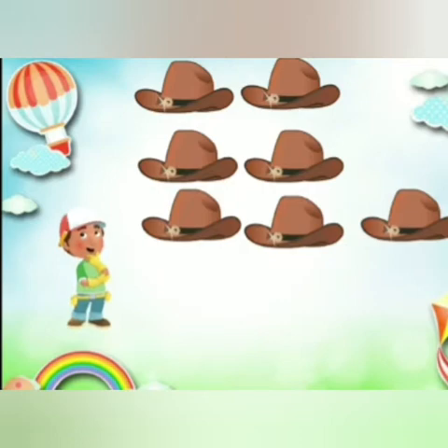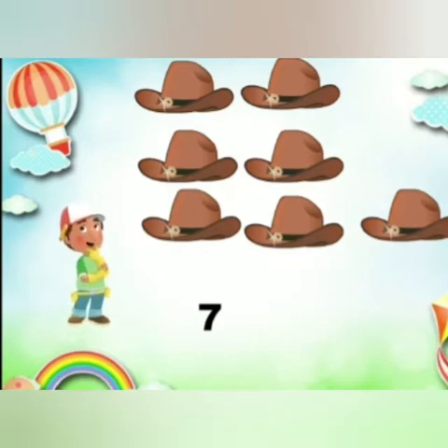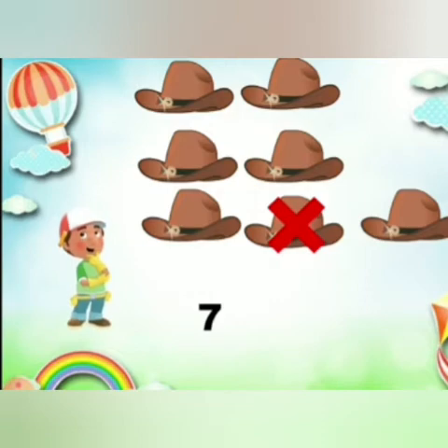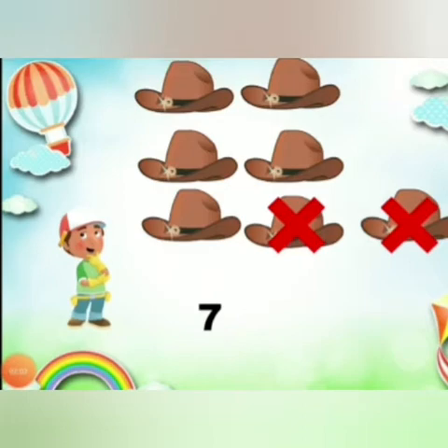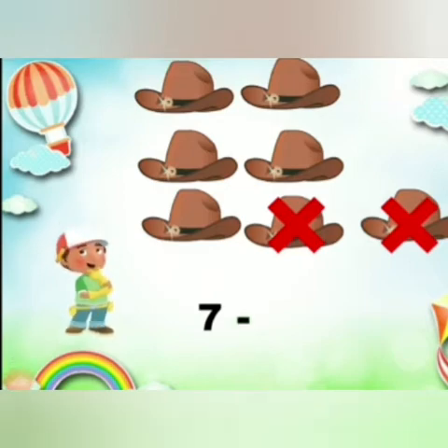He thought to give 2 hats to his friend. So we will take out 2 from here. 1 and 2. So we have to minus 2 from 7, right? So 7 minus 2.